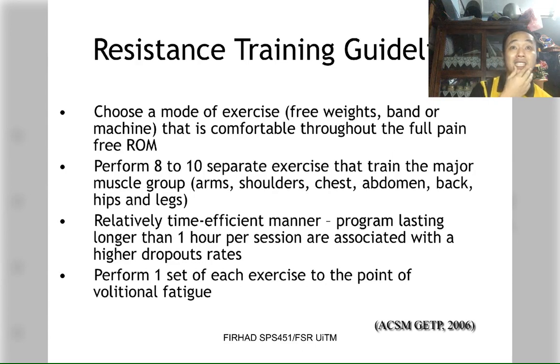Point number 1, they state to choose a mode of exercise, type of exercise, free weight, band or machine that is comfortable throughout the full range of motion. Next point is perform 8 to 10 separate exercise that train the major muscle group: arm, shoulder, chest, abdomen, back, hip, and leg. Next point is relatively time-efficient manner.